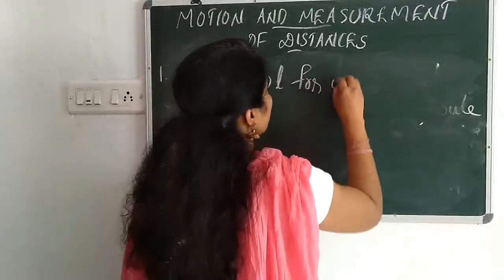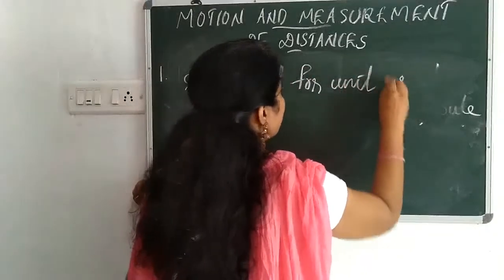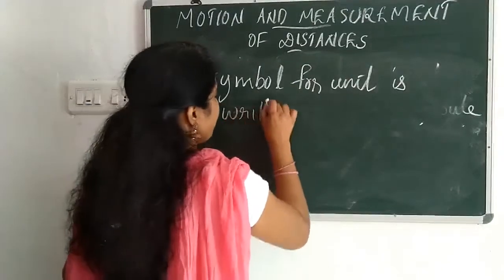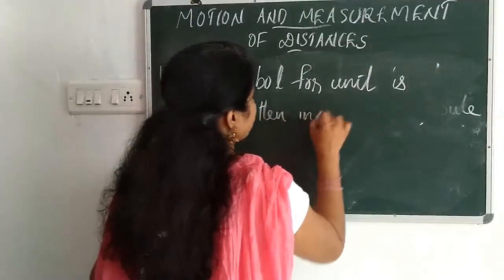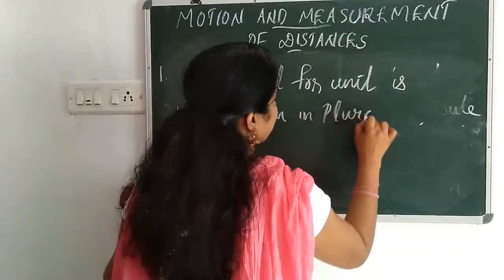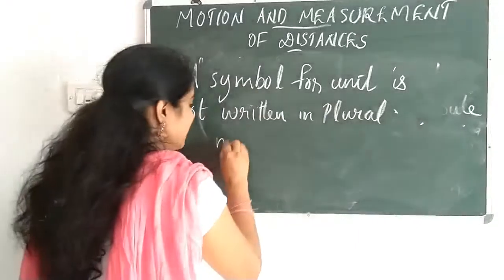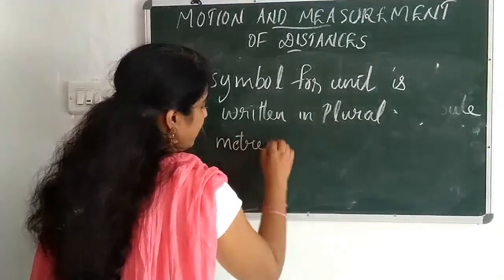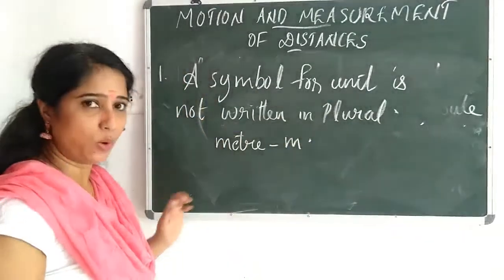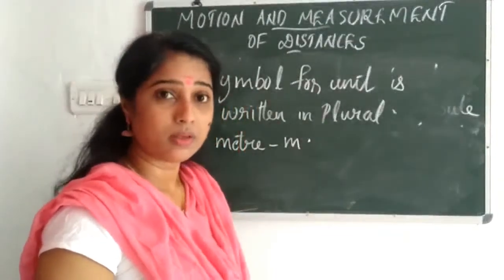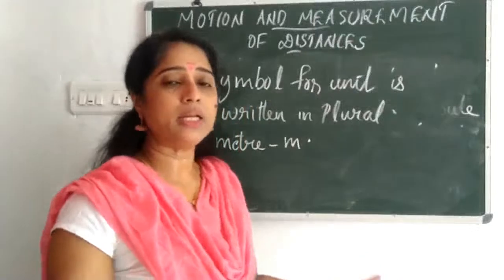A symbol for a unit is not written in plural. Simple means what? For example, meter. What do we write? m, isn't it? So, if it is 5 meters, I want 3 meters of cloth.